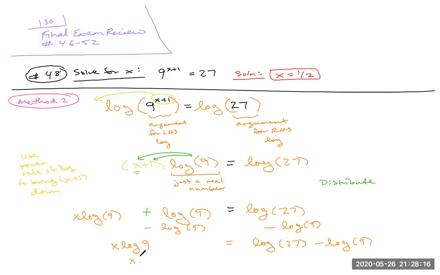So x log 9 equals, this is going to be the quotient rule of log. So you're going to have log base 10, which we don't write that part, 27 over 9.